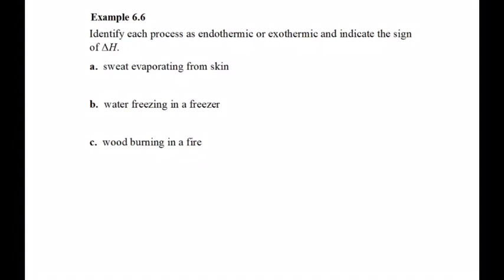Is it transferring out or transferring in? The sweat would be the system because it's on your skin. It's absorbing heat, and then it evaporates in the process. So if you're treating sweat as the system, then it would be an endothermic process because the sweat is absorbing the heat from your skin.